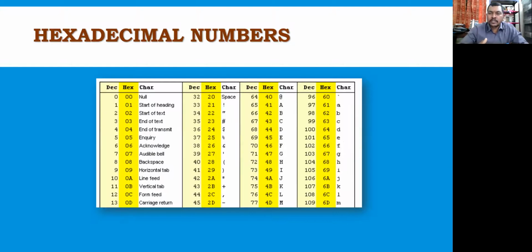So we might use a hexadecimal number, we might use a decimal number, but the computer understands only the binary number system. So it's not going to change, right? So this shows you the applications of a binary number, or a hexadecimal number, or a decimal number.